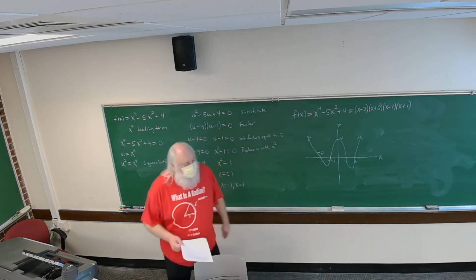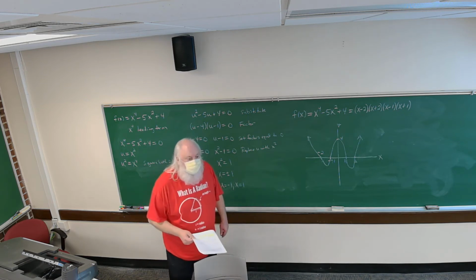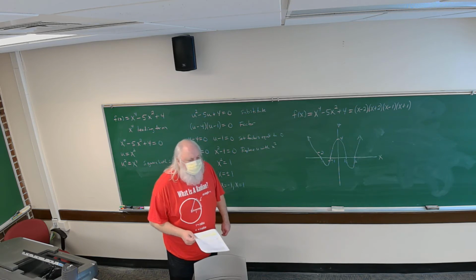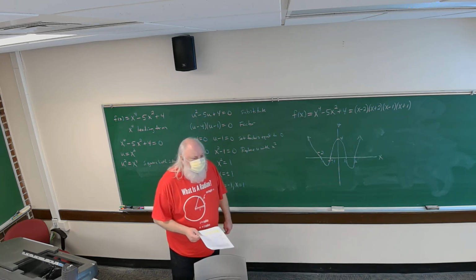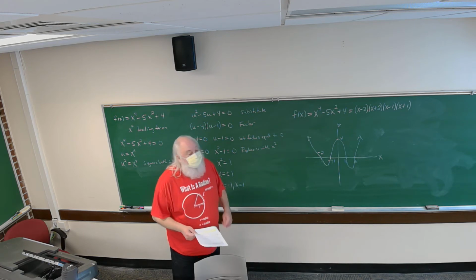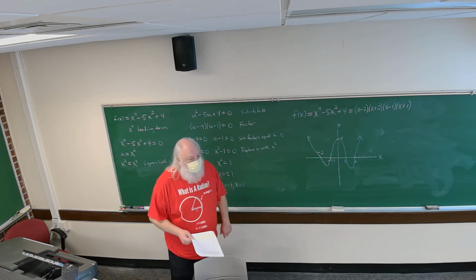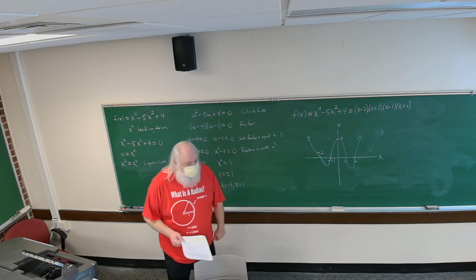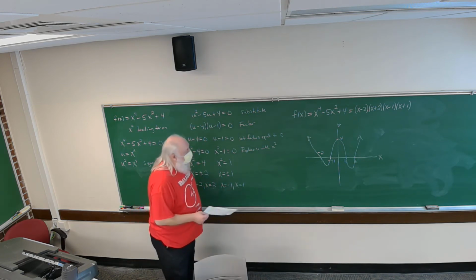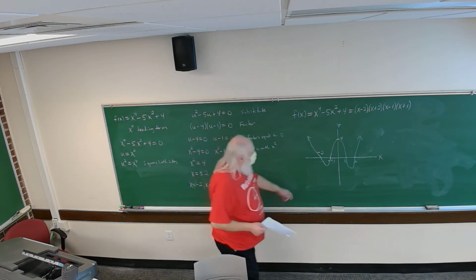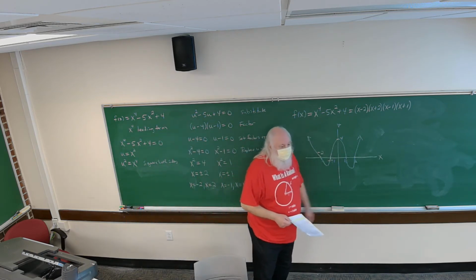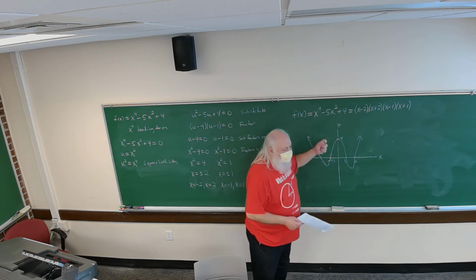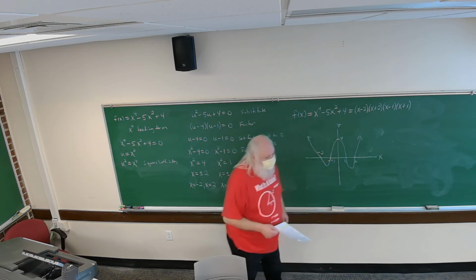Yes, ma'am? Is it true that if you have the highest degree, and then minus 1 from that is how many turns the graph has? That's the maximum number of turning points. That's not the exact number. That's the maximum possible. Yeah, it's a good point. And you can see we have 1, 2, 3 turning points. But you don't have to have exactly the degree minus 1.